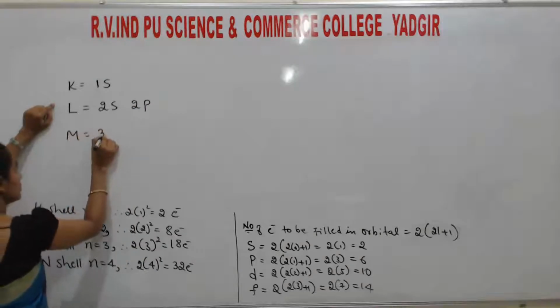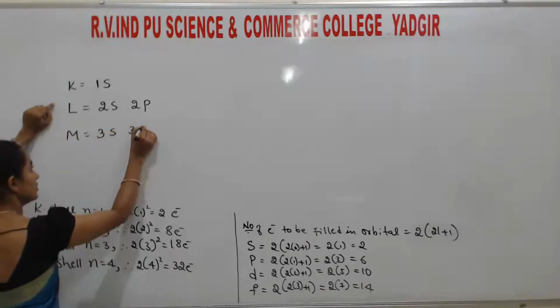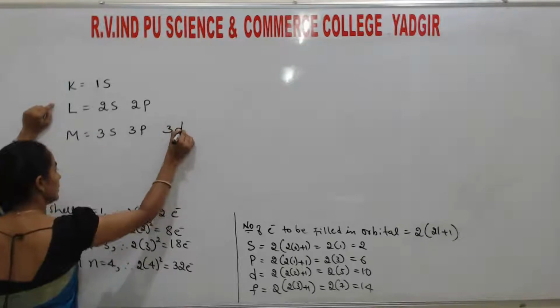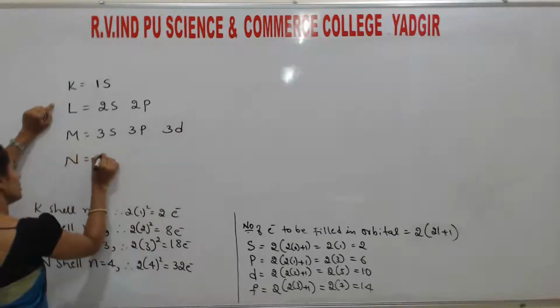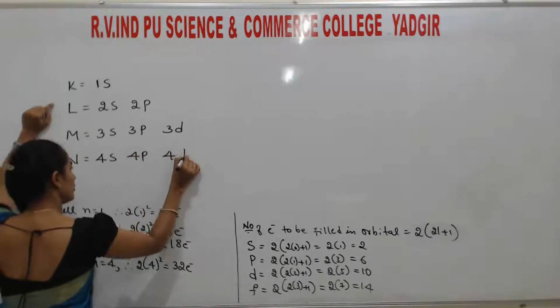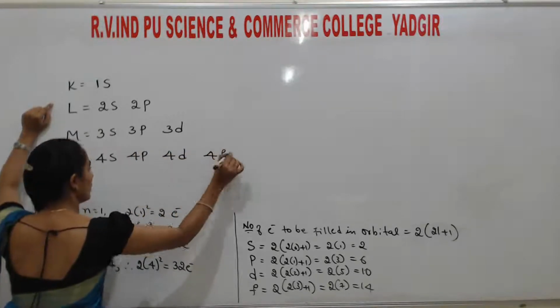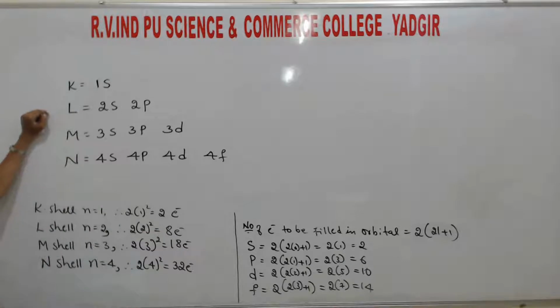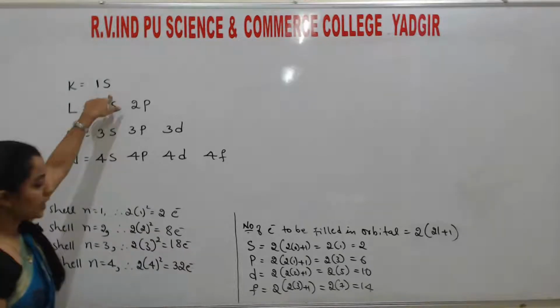M shell means 3s 3p 3d orbital. N shell means 4s 4p 4d 4f orbital. Okay, so now s orbital is there.